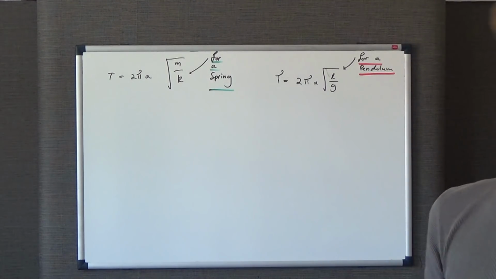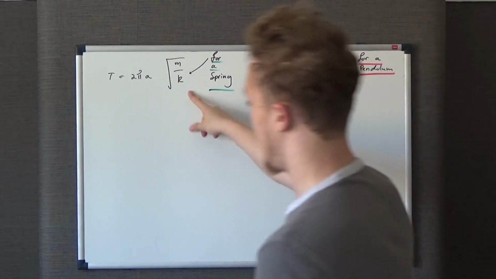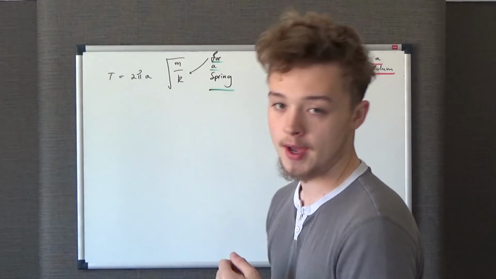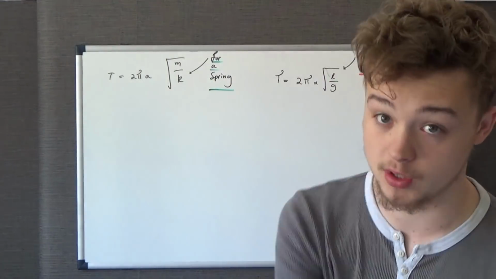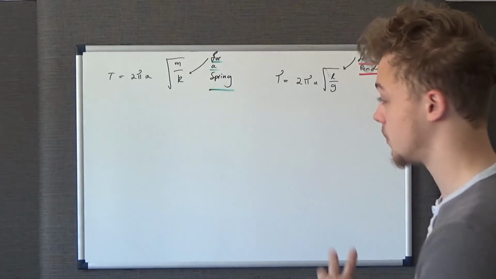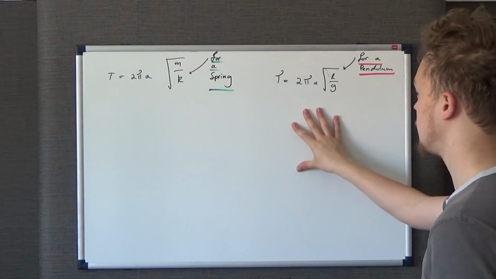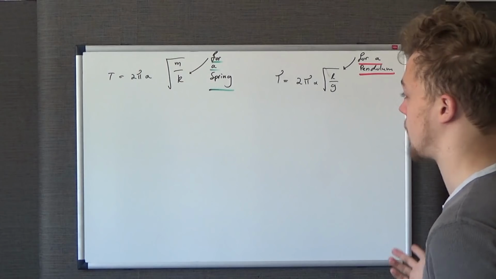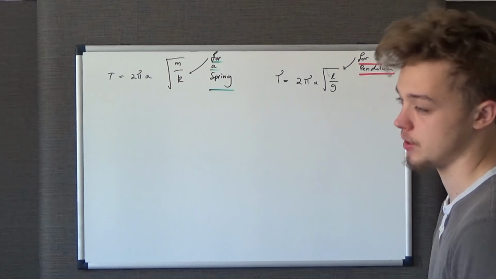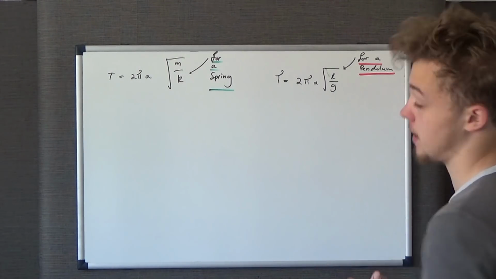Now, it's very easy to distinguish because this k here is a constant representing the spring constant, therefore it's going to be to do with the spring time period. And this one is obviously the other one, because there's no spring constant in it, so that's for the pendulum.